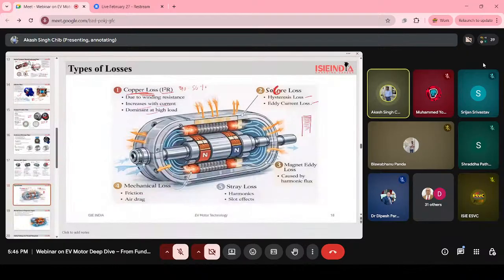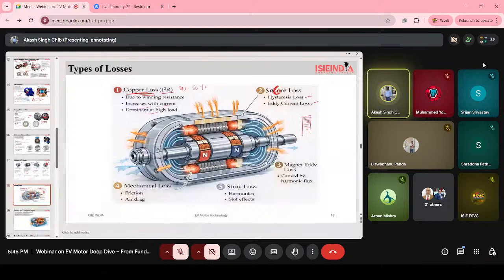Hysteresis loss. Can anyone tell me what is hysteresis loss? Anyone? I want you to speak up. Please speak. Losses due to magnetizing and demagnetizing in the iron core. Yes, absolutely correct.